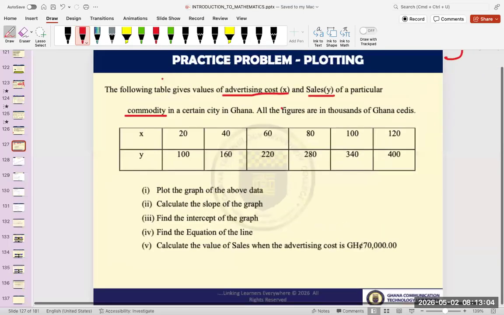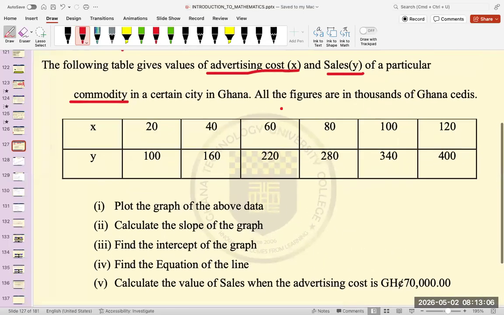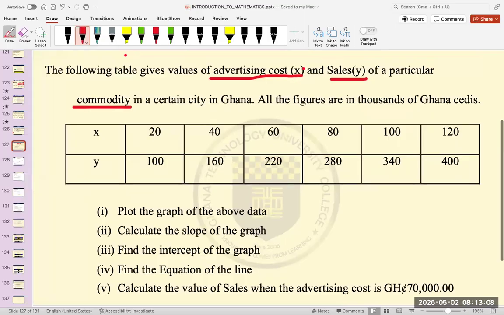So when you take this question, if advertising is x and then sales is y, it means that as the advertising increases, sales will also increase.